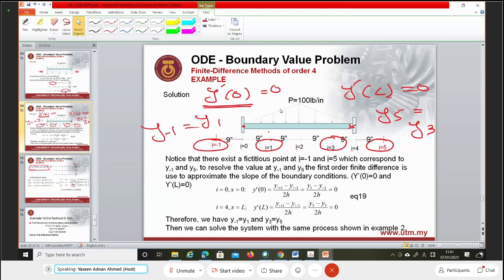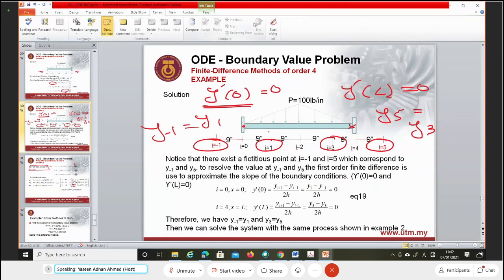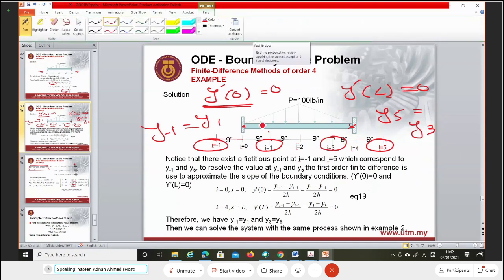Sometimes the distribution is different, and you have to find out the load acting on each point. If the load is straight, then it's all the same. Maybe it is straight at first and then slanted afterwards. This can also be done.